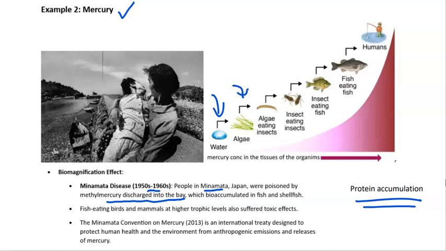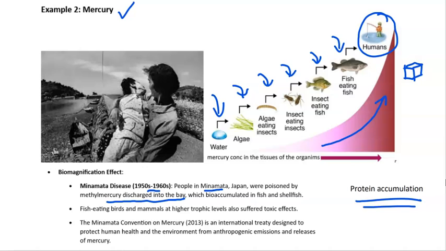accumulated up through the trophic levels as protein is passed from one trophic level to the next, ultimately ending up and concentrating in the protein structures of humans. And so we can see from the change in the color of my graph here, it is relaying the idea that the concentration per unit of tissue of the mercury has increased.